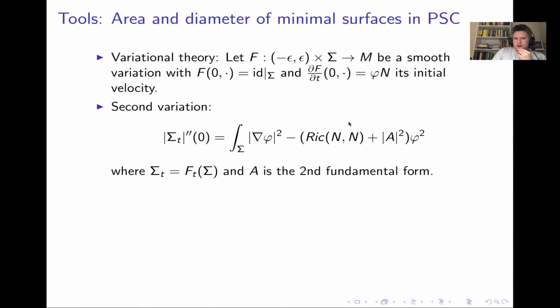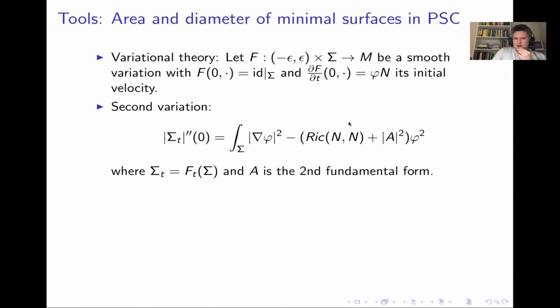Whenever that happens, you can integrate this grad phi squared by parts, and you get a term like phi times the Laplacian of phi. And the conclusion is that this operator over the surface, the Laplacian plus Ricci in the normal direction plus A squared, has no negative first eigenvalue. So that's what stability means.